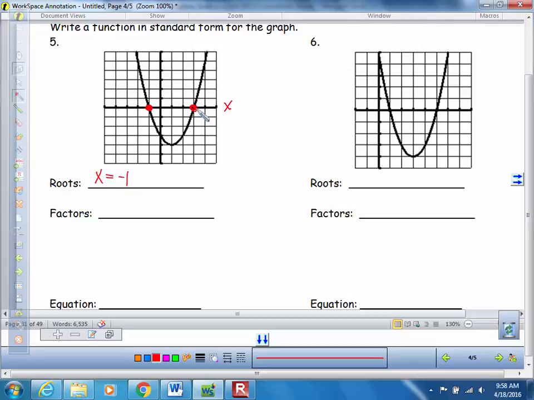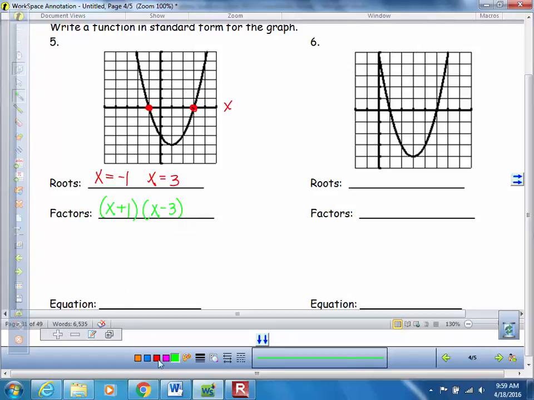What about right here? A positive 3. Okay? So, Khalil, what would my factor of x equals negative 1 be? X what? Plus 1. Okay, and Bryant, what about x equals 3? X minus 3. So to write my equation, I'm going to have to multiply.